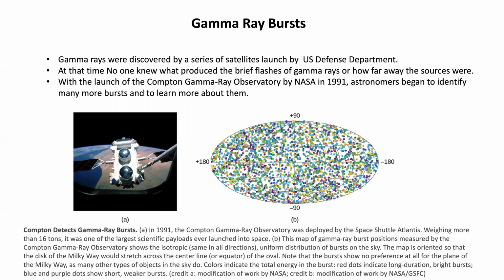Which means the same in all directions, which means there is no specific direction from which we receive gamma ray bursts. Instead, the gamma ray bursts are recorded in all directions in the sky, right? And you can also see these different colors, which represent the total energy in the burst.